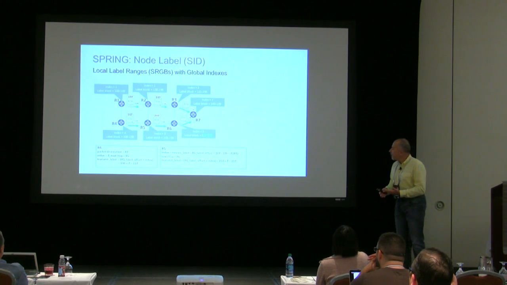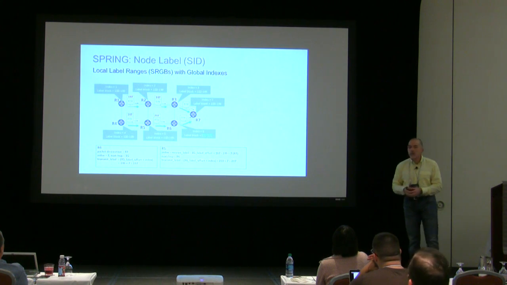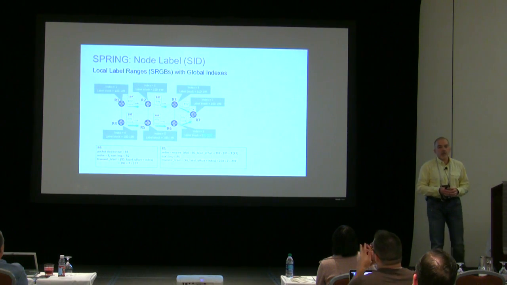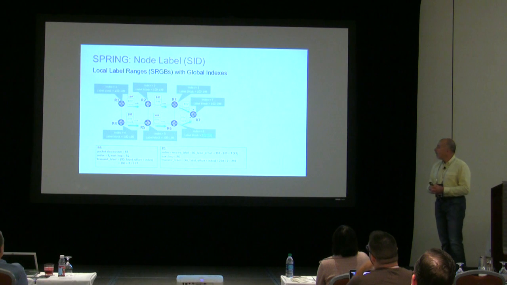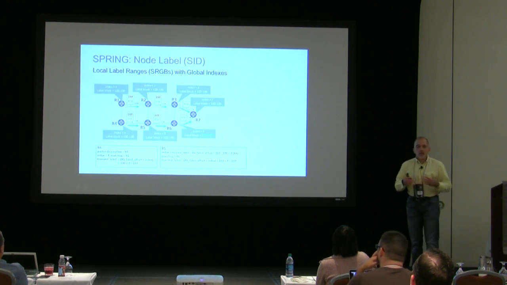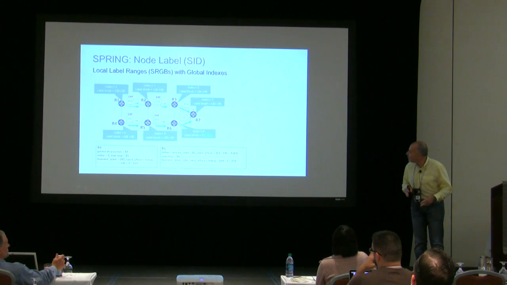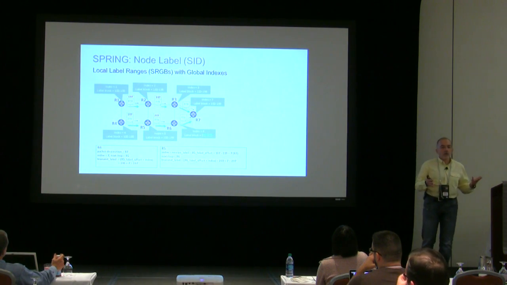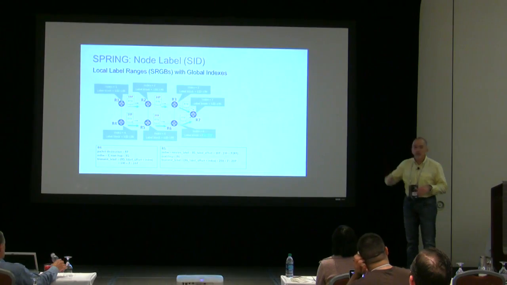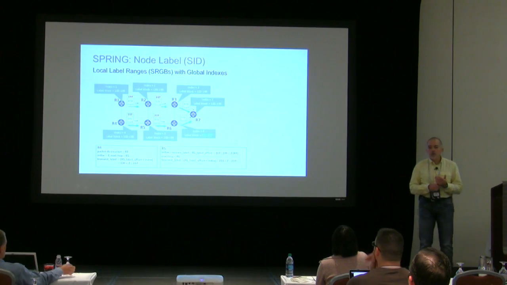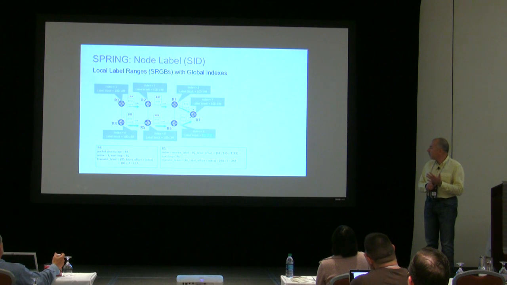So, for example, this is an example of R6 being the black sheep here in this network and having a different label range than anybody else. Let's say R6 has allocated that normal 100 to 199 range to RSVP or to LDP or whatever, and now wants to allocate a completely different range out of the blue, or out of the yellow here, that is 200 to 299.